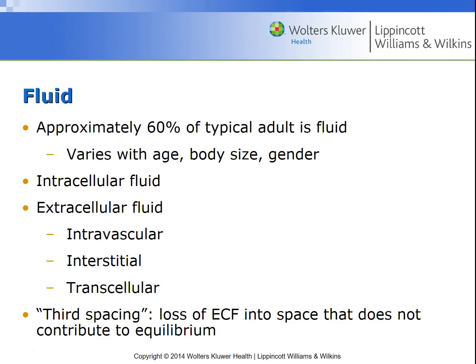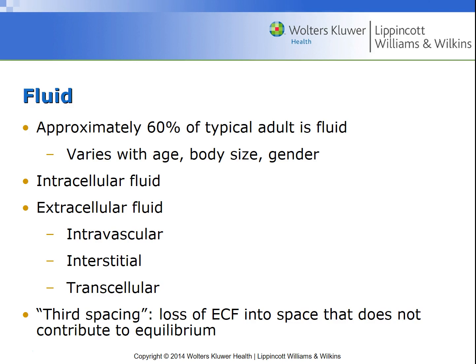What I do want you to understand and know is third spacing, the loss of extracellular fluid into space that does not contribute to equilibrium. So this is the patient who is severely edematous, once the fluid has gone through the vascular system and through the interstitial space. When there is nowhere else for fluid to go, it will go to the skin. Again, these are the patients who are very edematous.